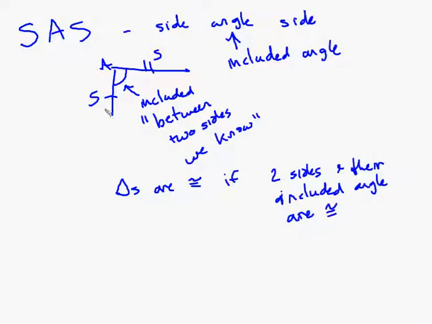So if I can get a side, an angle, and then the next side, in any pair of triangles, then I have proven that those triangles are the same. So we'll do two proofs that involve this. Just because I know how much fun you're going to have with this.